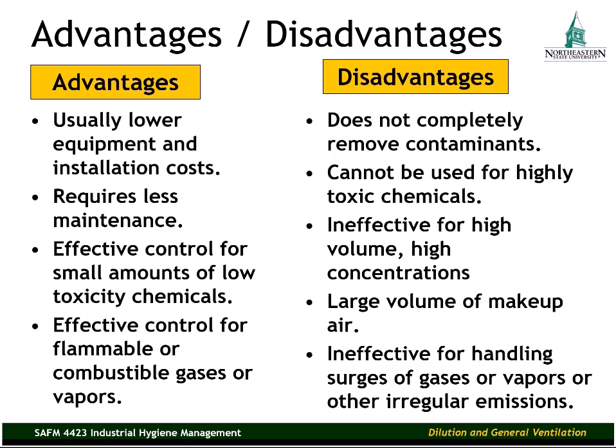Again, if there's a surge of gases or vapors or other contaminants or other irregular emissions of the contaminants, then it may not be able to handle that surge, that instantaneous high level of concentration. So that's another thing to keep in mind with dilution ventilation.